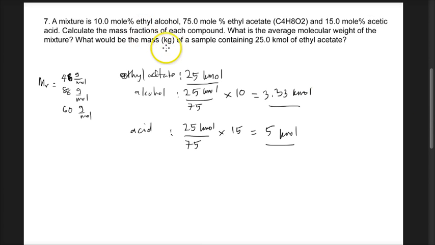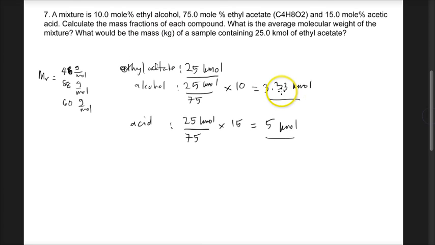So it wants us the mass in kg, so we can convert mole to kilogram by multiplying with the molecular mass. So for ethyl acetate it is 88 grams per mole or 88 kilogram per kilomole. Since we have kilomole, we use 88 kilogram per kilomole. For alcohol it is 46 kilogram per kilomole.